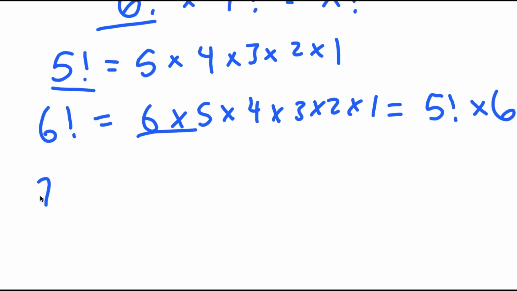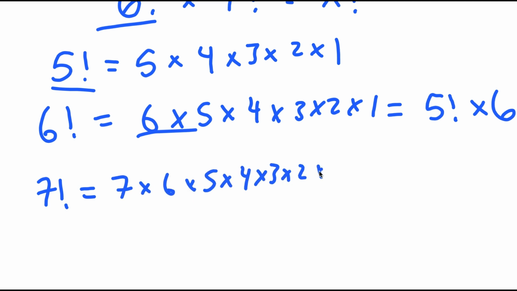And 7 factorial, which is equal to 7 times 6 times 5 times 4 times 3 times 2 times 1, is equal to 6 factorial times 7.